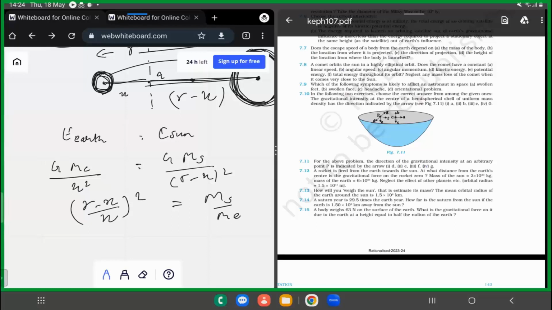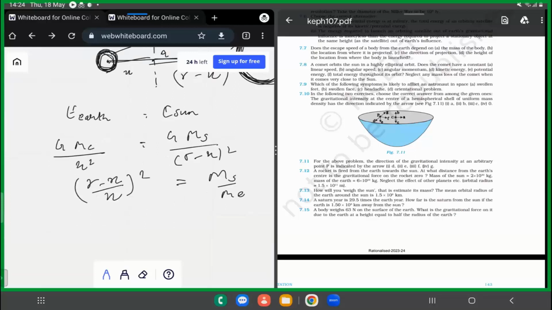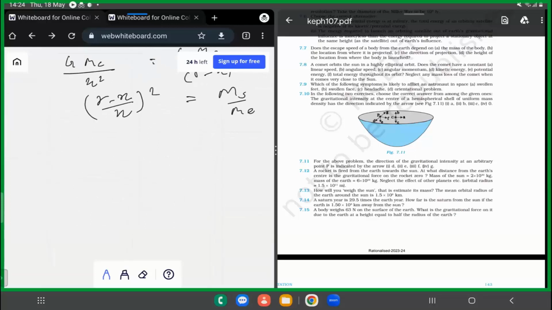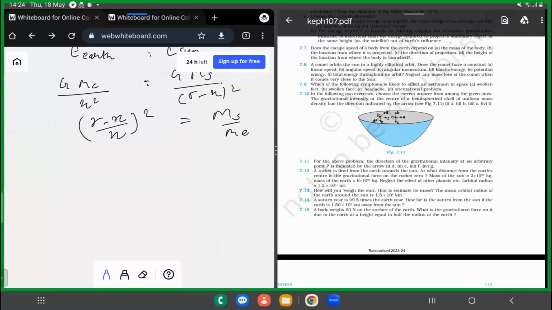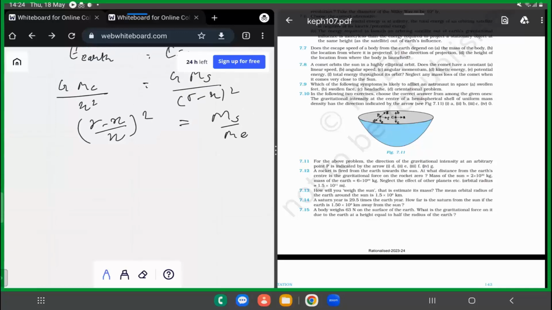Now you know that r is given as 1.5 into 10 to the power 11 meter, that is the orbital distance, and the masses of the sun and earth are also given. If you put the values and take the square root on both sides, we can solve the linear equation in x.